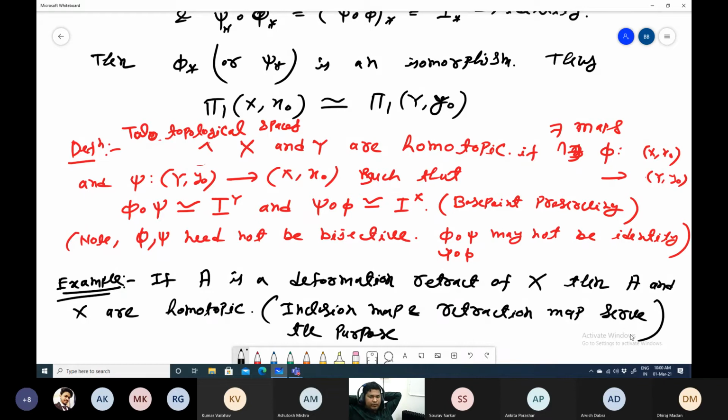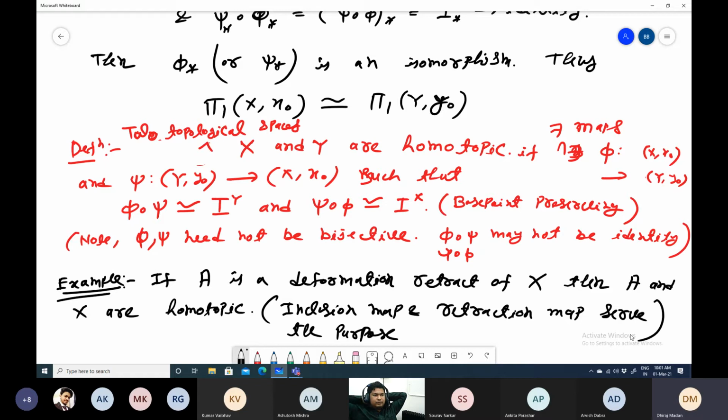And if two spaces are homotopy equivalent, then they have the same fundamental groups. Okay. And are there other examples of homotopy between topological spaces, which is not retraction and which is not exactly homeomorphism also?